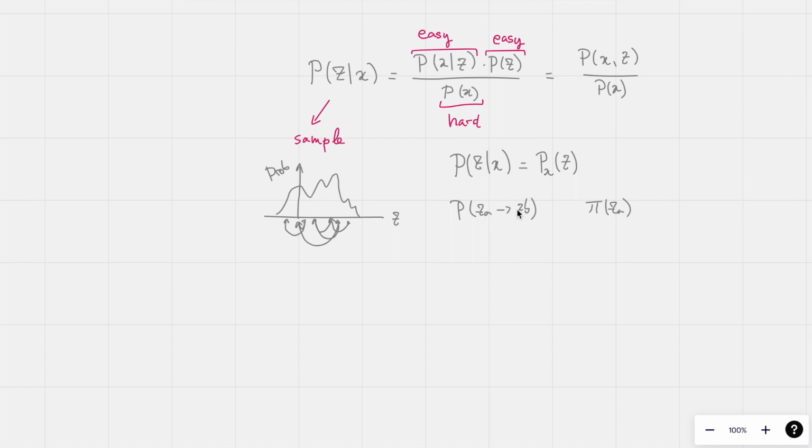If you are already in the stationary distribution, and you make a jump according to that process, then you will still find yourself in the stationary distribution.